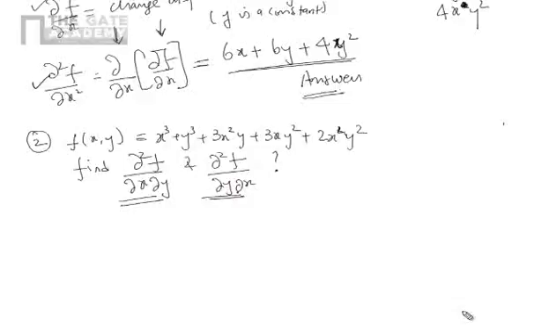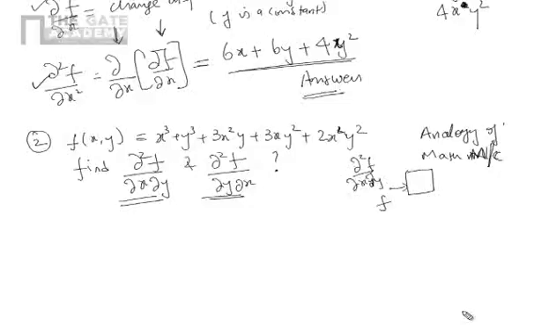Again, going back to the same analogy of a machine, a mathematical machine. What do I mean? ∂²f/∂x∂y means what? I take f and give it as an input to this machine.